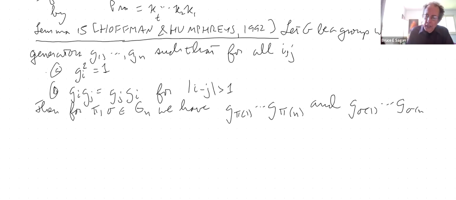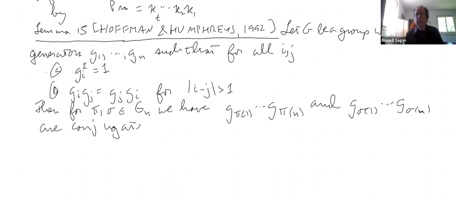Those are always conjugate. And remember, we care about conjugate elements of a group because, as we saw last time, they produce equivariance, right? By the actions, the two conjugate elements act equivariantly. So that's why we like this. And I'm going to leave this as an exercise.